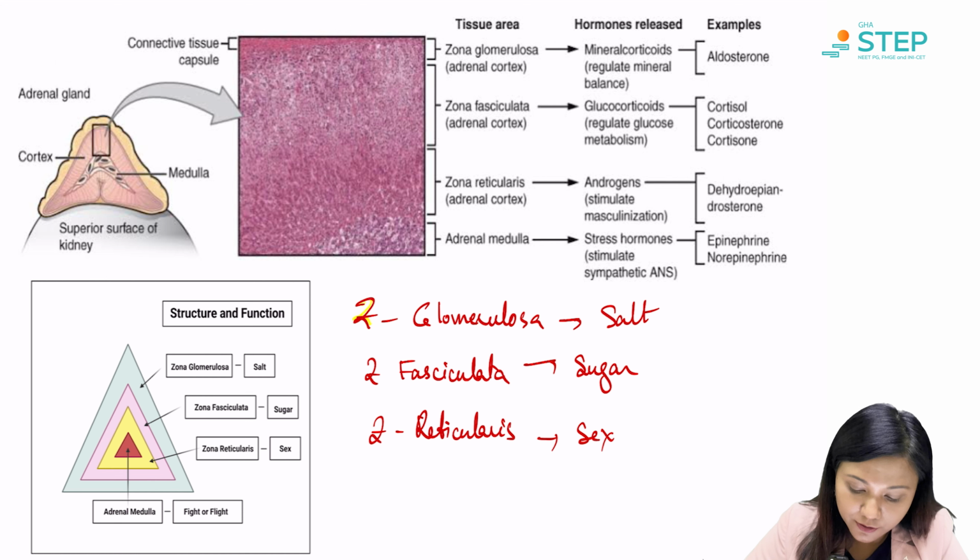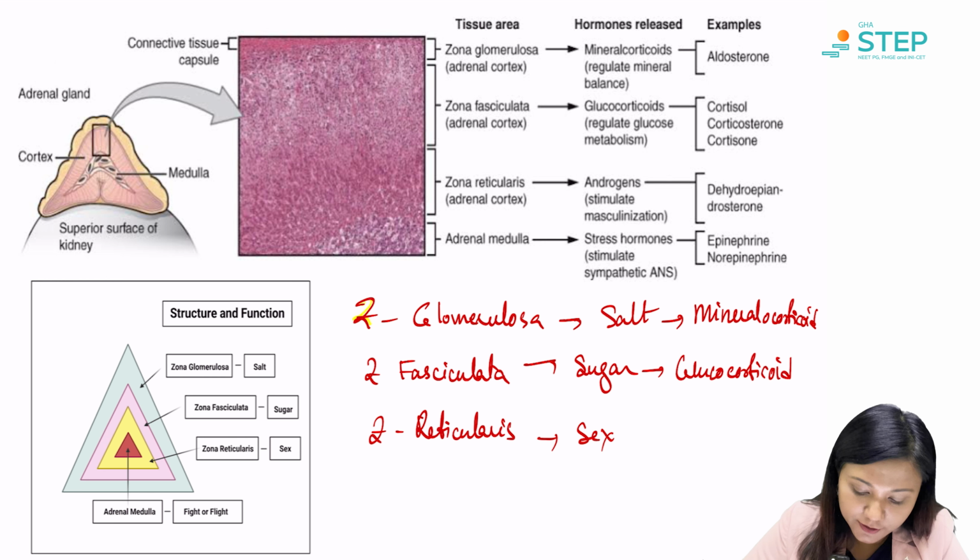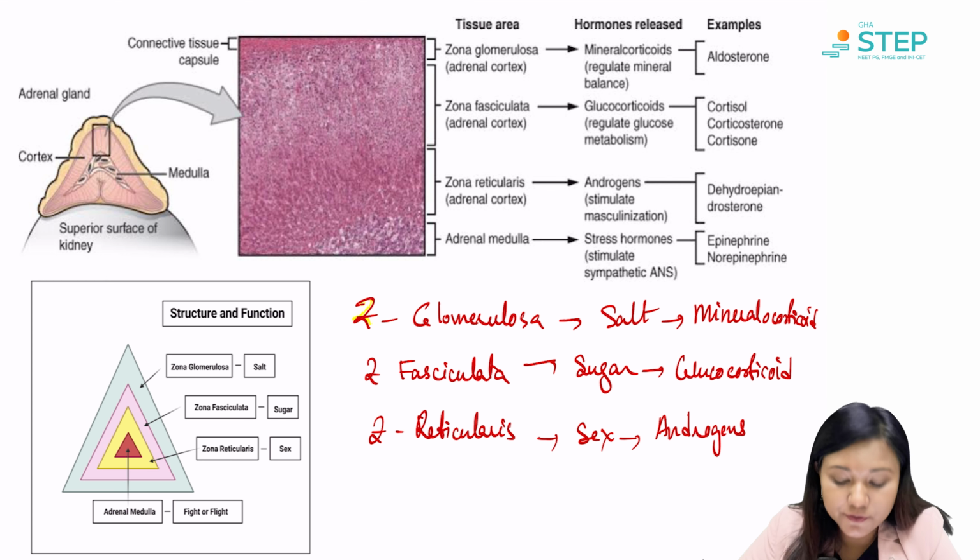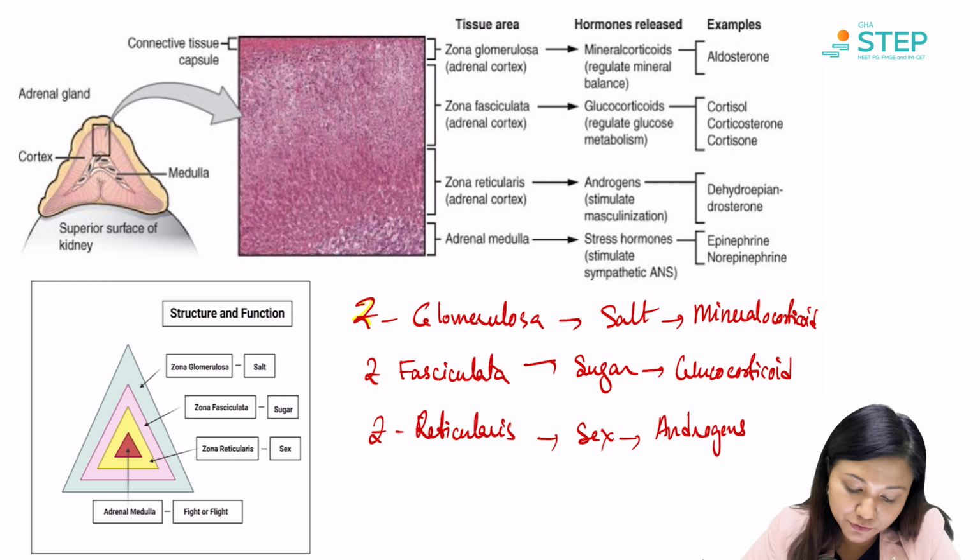Okay, salt for the mineralocorticoid, sugar for the glucocorticoid, and sex hormone for the androgens. These are the things which are secreted from those zones.